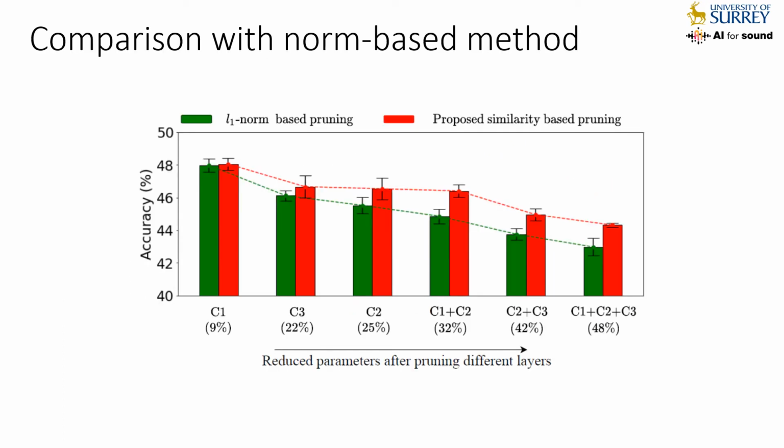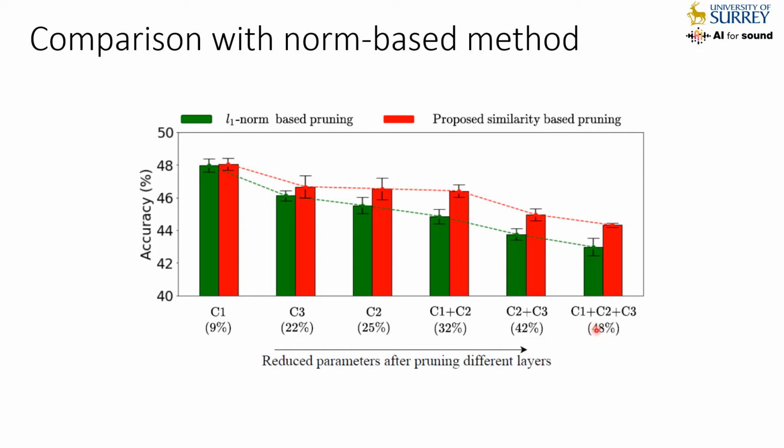In comparison to the norm-based pruning method, we find that the accuracy obtained using the proposed pruning method is better, and as the number of parameters eliminated from the network increases, the drop in accuracy for the proposed pruning method is lesser than that of the norm-based pruning method.